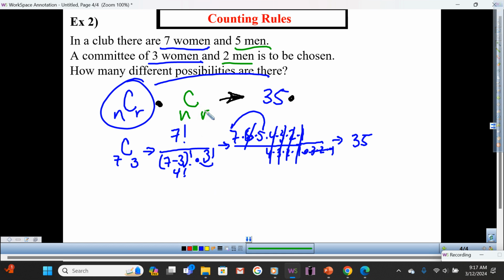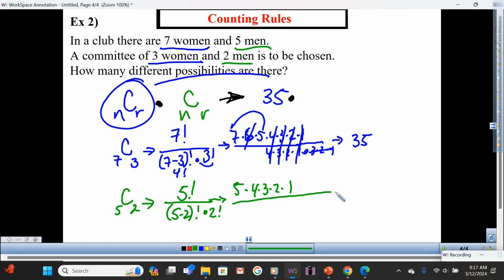now this one. Help me out with the men. Tell me what to write. So this is 5 times 4 times 3 times 2 times 1.